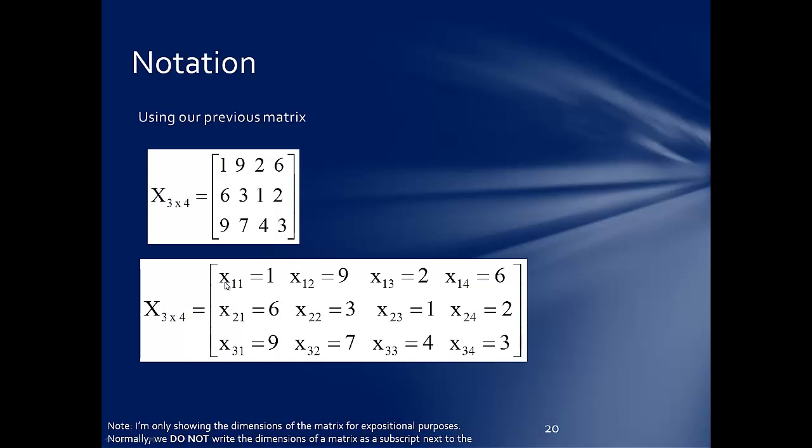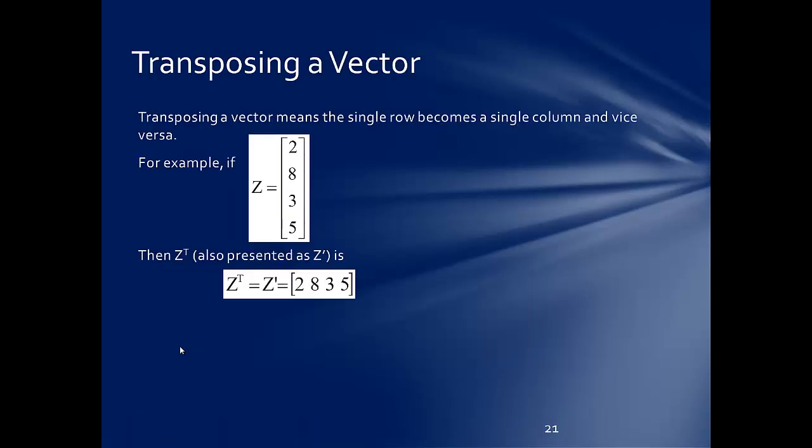We can define the element in the first row, first column, first row, second column, all the way down to the third row, fourth column. Now please note, I'm only showing the dimensions of the matrix for expositional purposes. Normally we would not put these numbers right here after the x variable denoting the matrix.